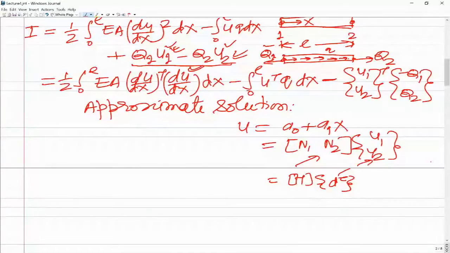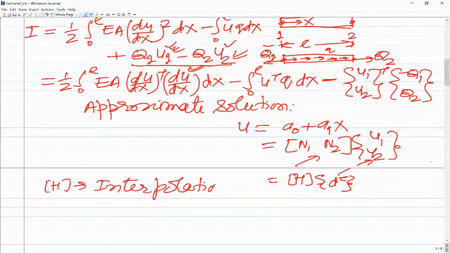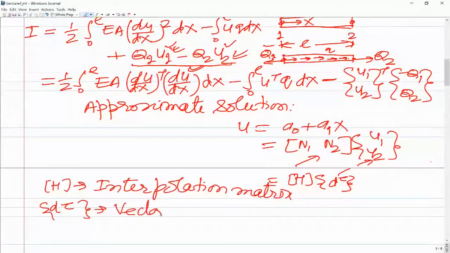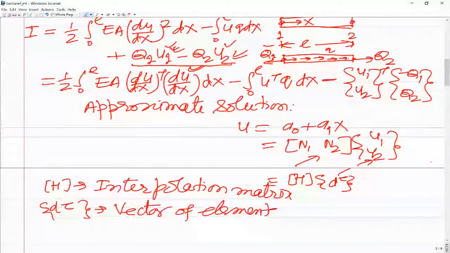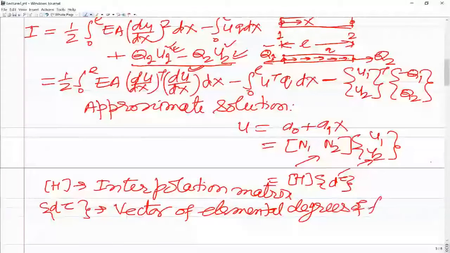So H is known as the interpolation matrix, and DE is known as the vector of elemental degrees of freedom.